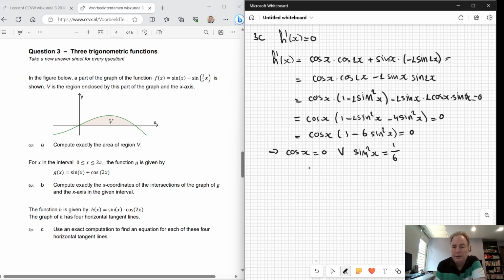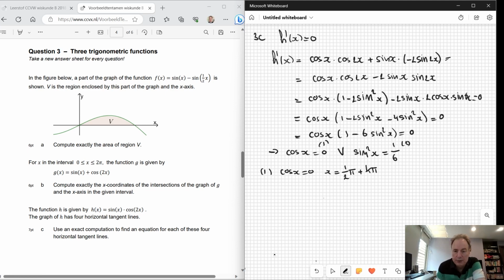Okay, so we get these two equations, 1 and 2. Well, let's first look at the first. Cosine x equals 0 means x equals 1/2 pi plus k times pi.